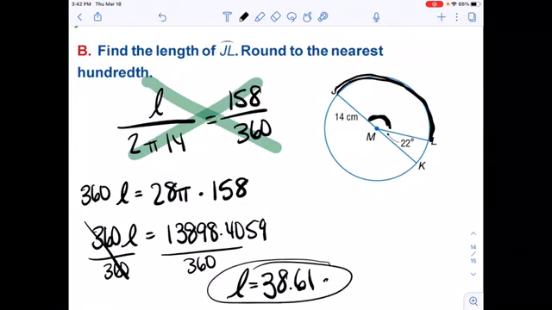Now a quick check we can do. We know that this is just under half of the circumference of the circle, right?